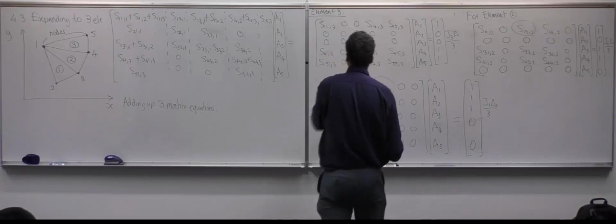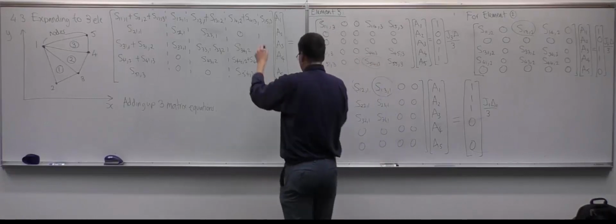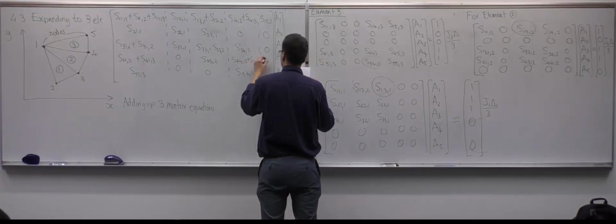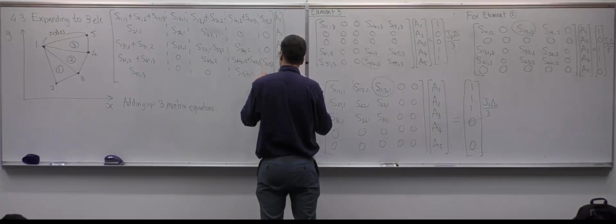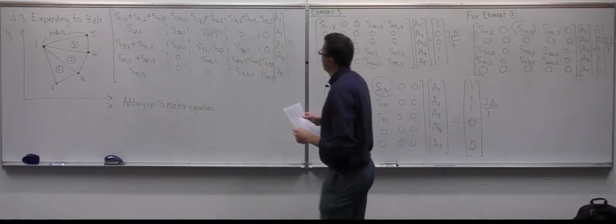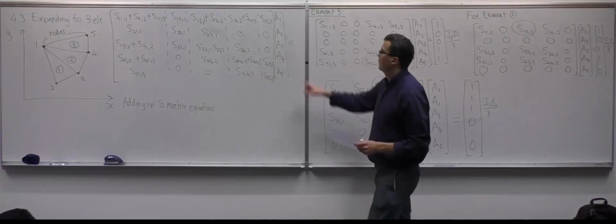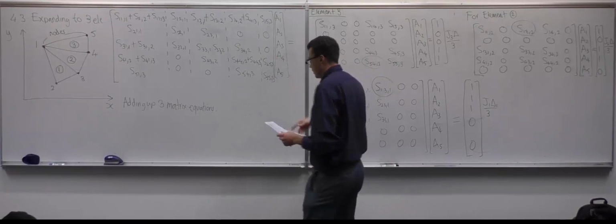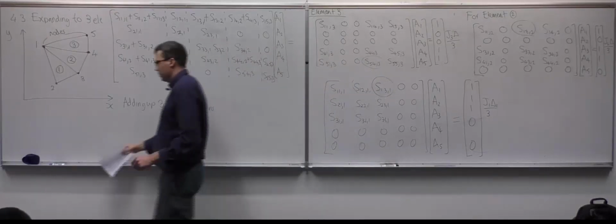That's S543, yep. And then the last column has two zeros here, and then S453 and S553. Phew. So that's the stiffness matrix, and now that's equal to the currents, and we add the currents up as well.